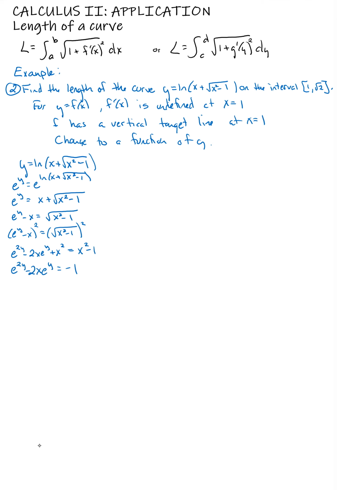Now I want to isolate the x. The idea is that I'm solving for x. I want x as a function of y. So let's see. I notice that I have some negatives here, so let me go ahead and move things around, possibly in an order that you might do differently, but it should all work out either way. I'm just trying to avoid some of those negatives. And then I can isolate that x.